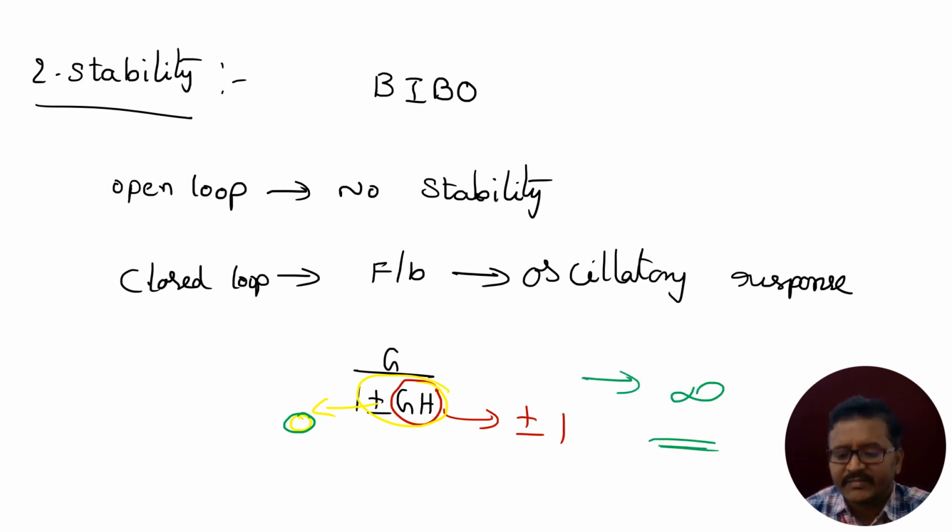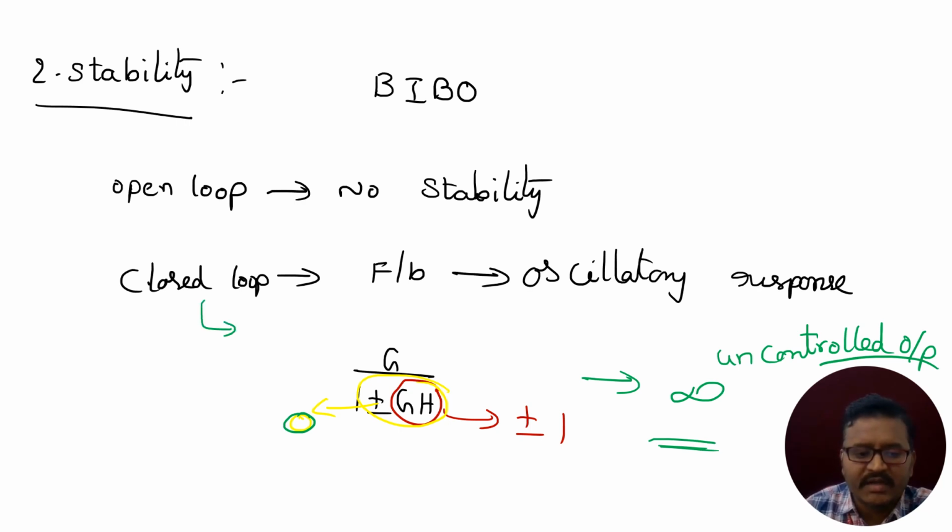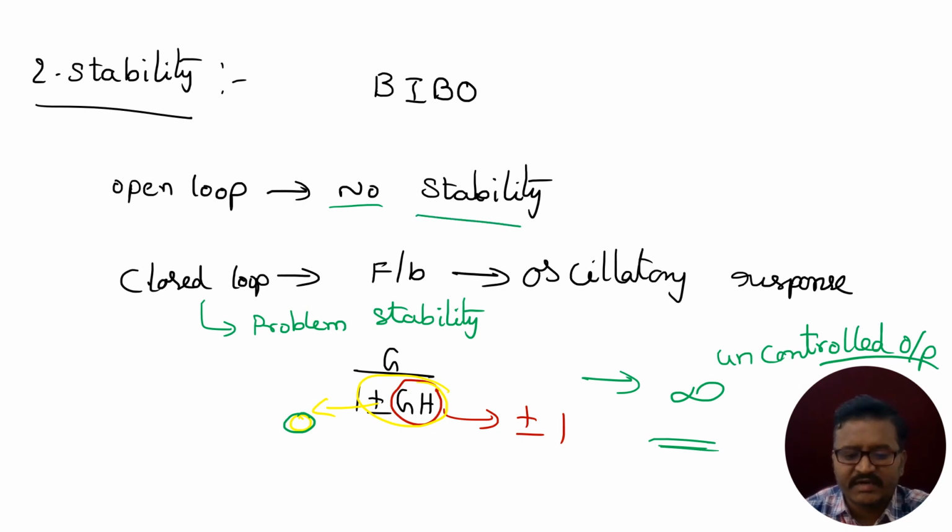So we get an uncontrolled output, and this uncontrolled output provides instability. So in a closed loop control system there is a problem with stability, whereas due to the non-existence of feedback in open loop there is no problem with stability.